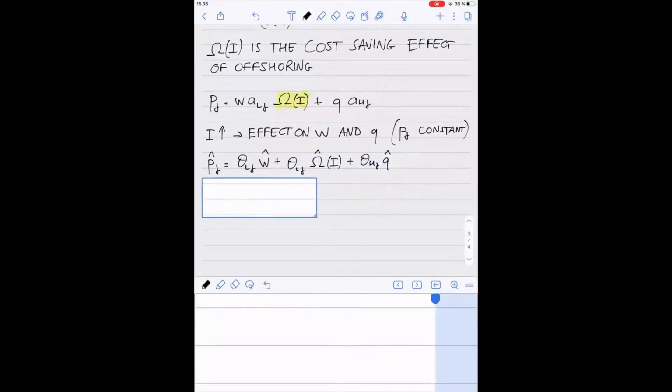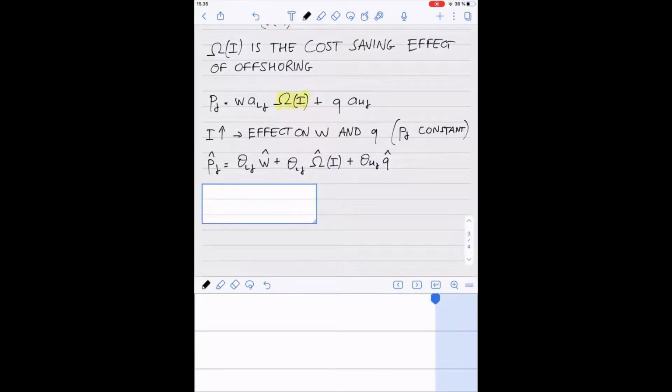And we know that since omega I is declining in capital I, an increase in capital I is associated with a reduction in omega. Okay?